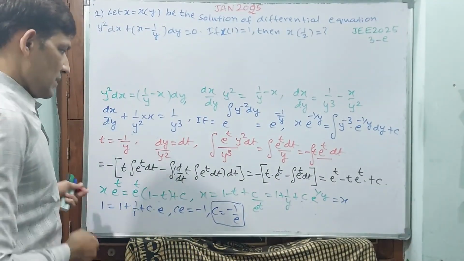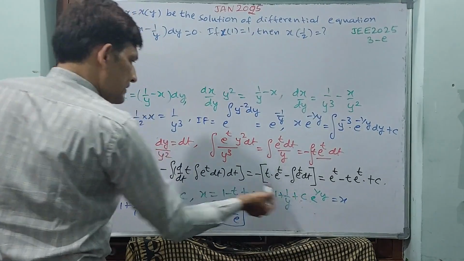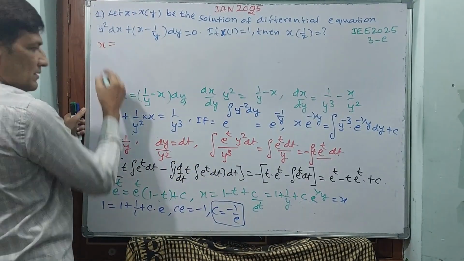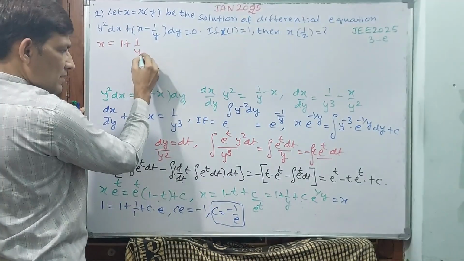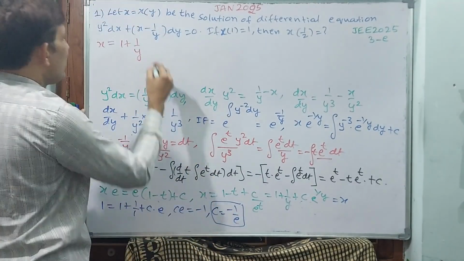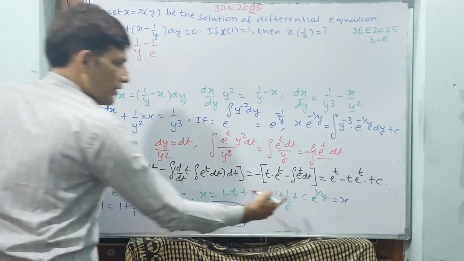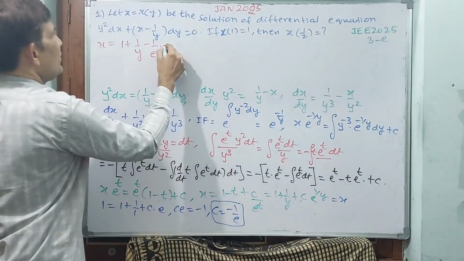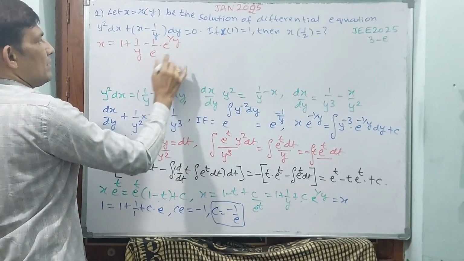Okay, after getting c value, again you substitute c value in this, x is equal to 1 plus 1 by y, c means minus 1 by e, minus 1 by e into e power 1 by y, e power 1 by y, okay. Okay, let it be.